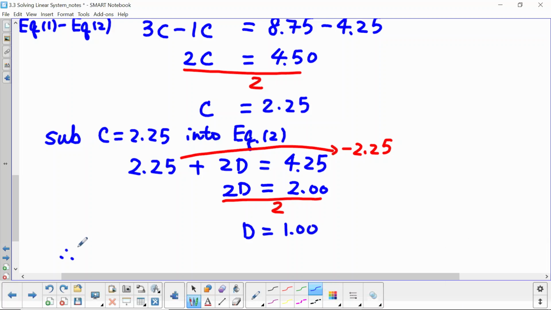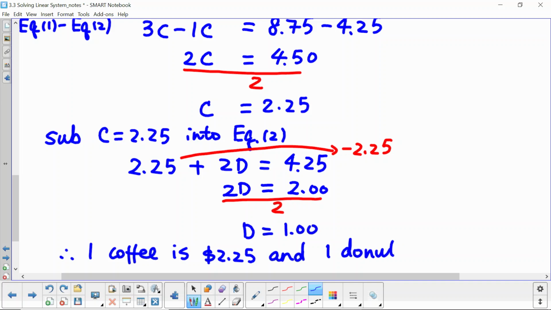Therefore, 1 coffee is $2.25. And one donut is $1. Then it's done.